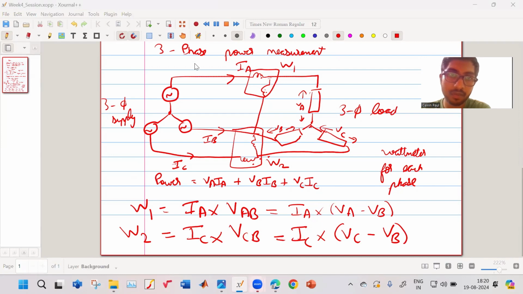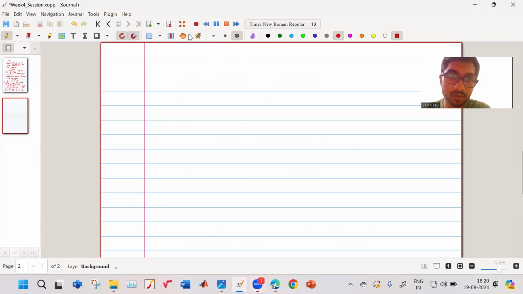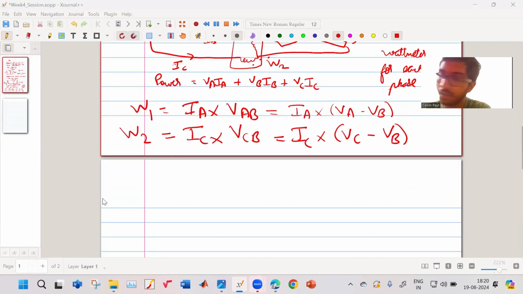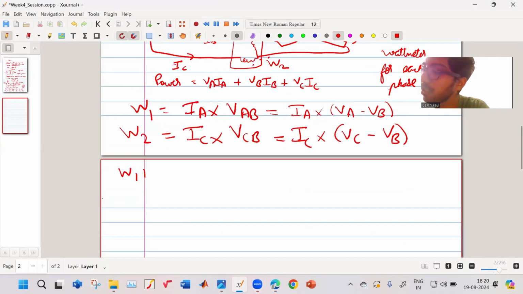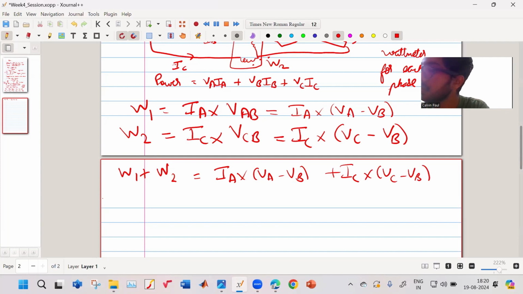Now, next page. So my W1 plus W2 becomes equal to IA into VA minus VB plus IC into VC minus VB.